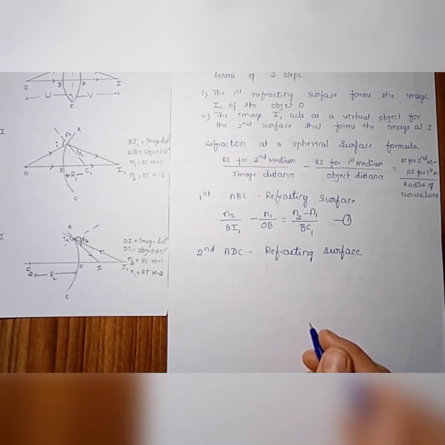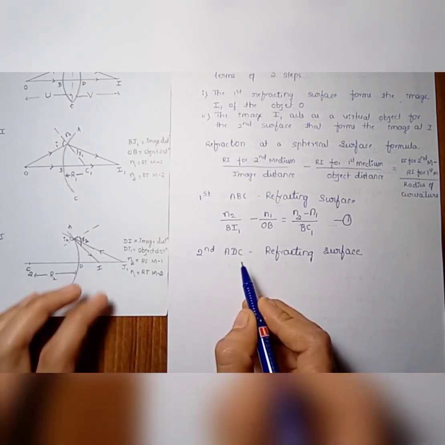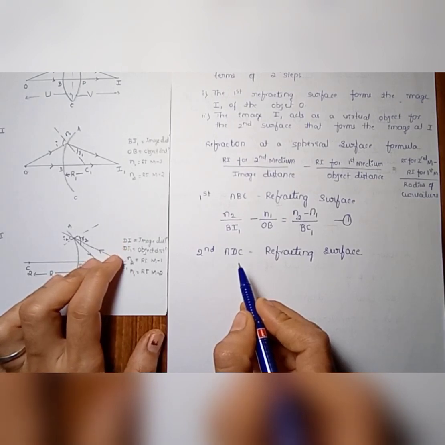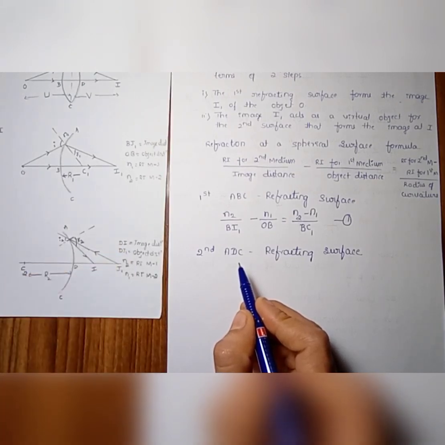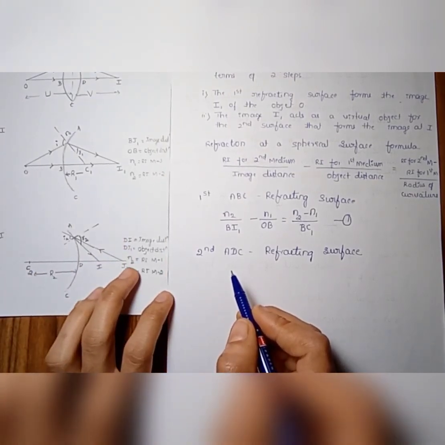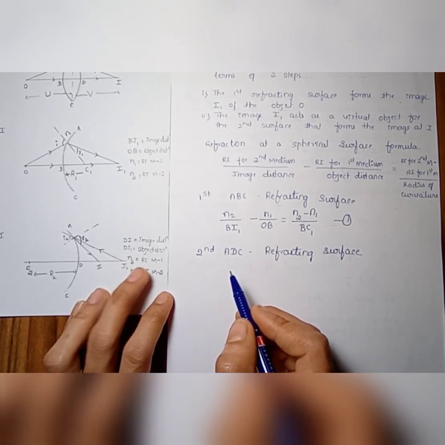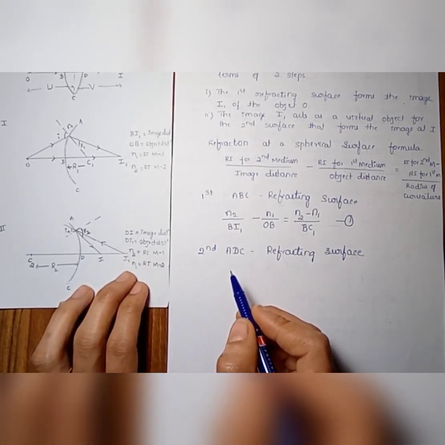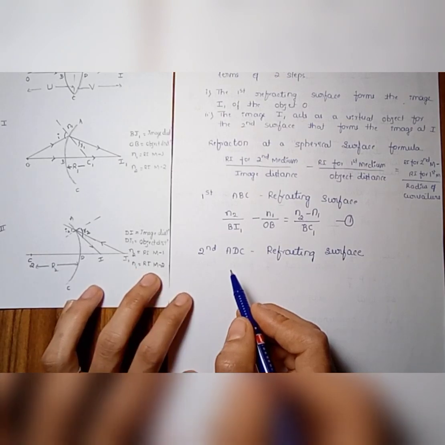For the second refracting surface ADC, DI gives the image distance, DI1 gives the object distance, N2 gives the refractive index of medium 1, and N1 gives the refractive index of medium 2.